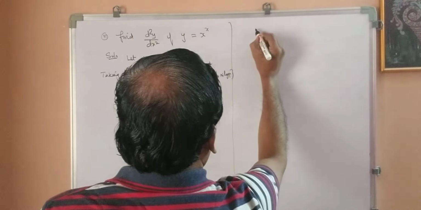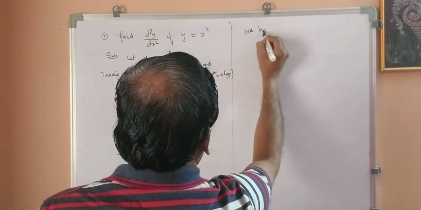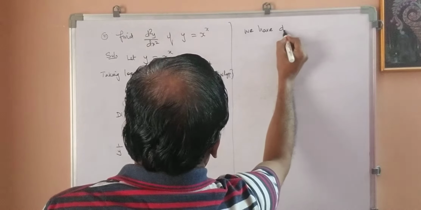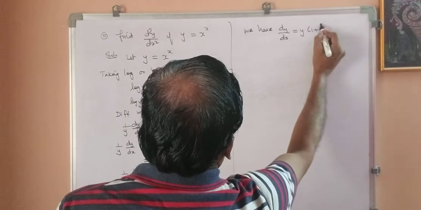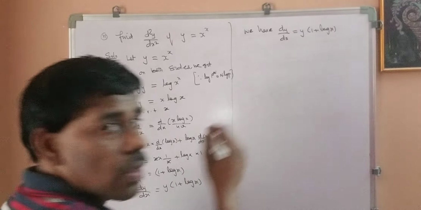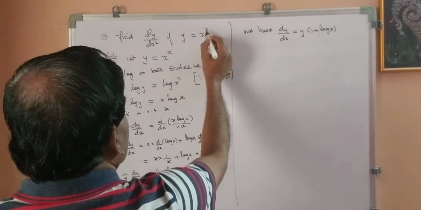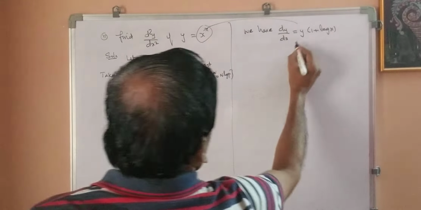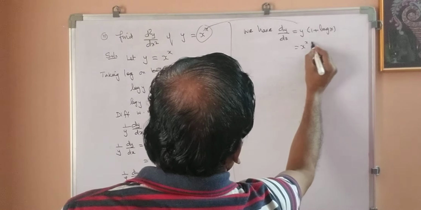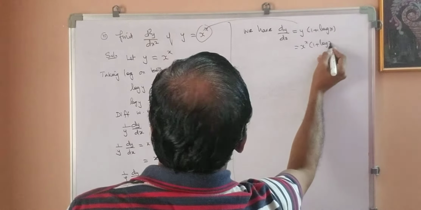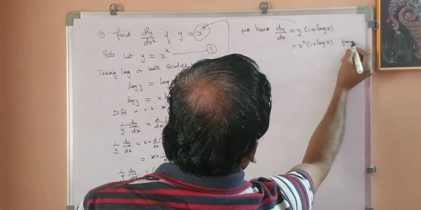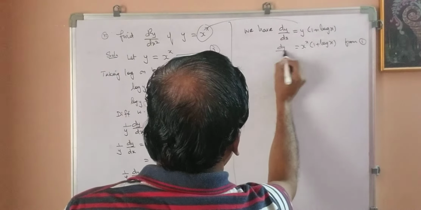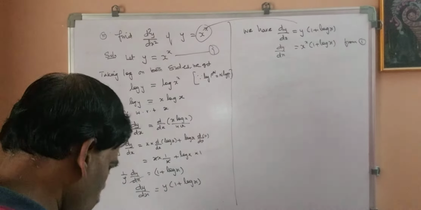Now, what we got? We have dy by dx equal to y into 1 plus log x. But what is y? See here, x to the power x into 1 plus log x, from 1. Now what we want?